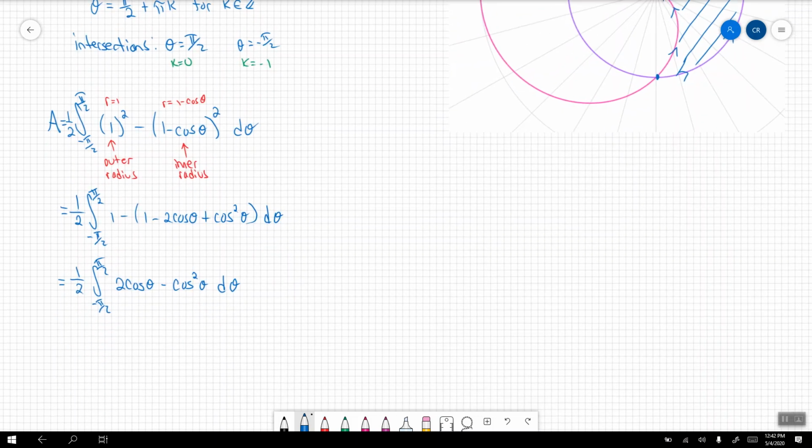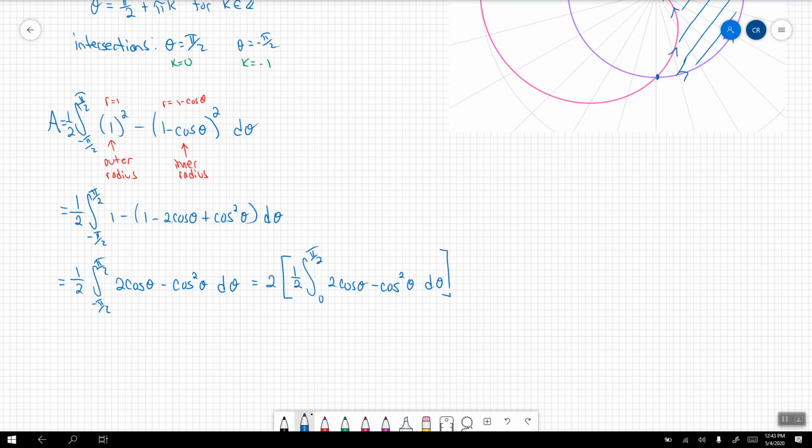So what does that now look like? Well, I'm going to double this area, which was the area that I was going to find to be this 1/2 times the integral from 0 to pi halves for the same integrand, 2 cosine theta minus cosine squared theta, and that's d theta.